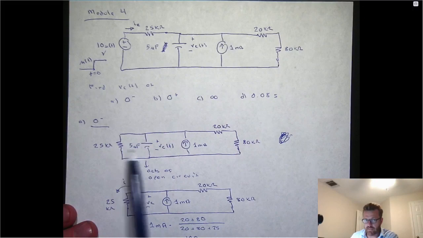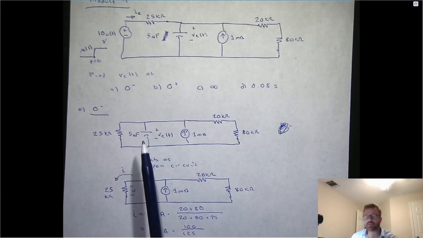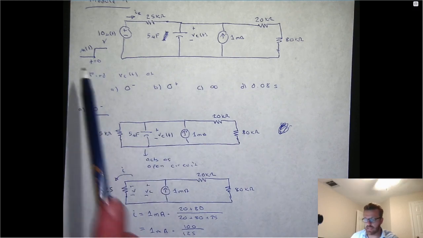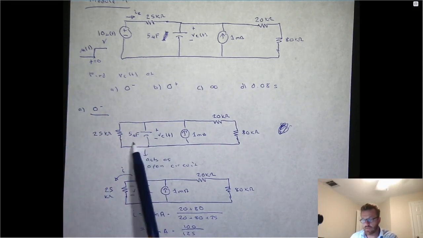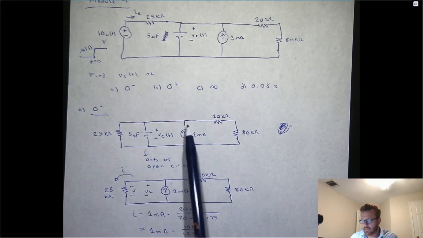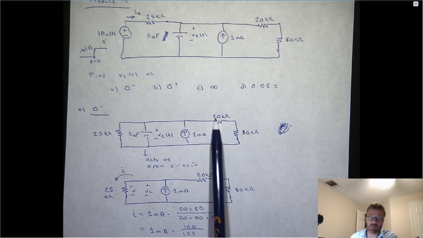So that's why I have it drawn that way. This side of the circuit, I just drew the same. Remember that a capacitor, assuming that everything has been normal and at 0 up until this point in time, is going to act like an open circuit. So no current out of the source is going to route down the capacitive path. It's all going to go through the 25K or through the series combination of the 20 and 80.